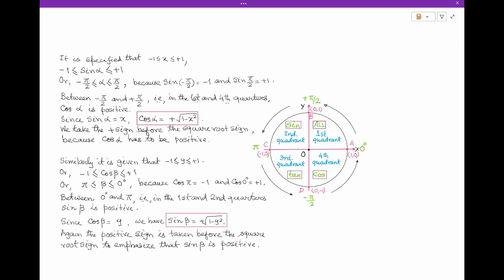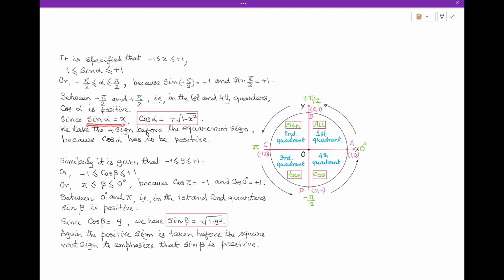So when we specify that alpha lies from minus pi by 2 to plus pi by 2, we are considering only the first and fourth quadrants. In the first quadrant all sine, cos, tan, everything is positive, and in the fourth quadrant only cosine is positive. Therefore, cosine is positive in both. So we conclude that cos alpha is positive.